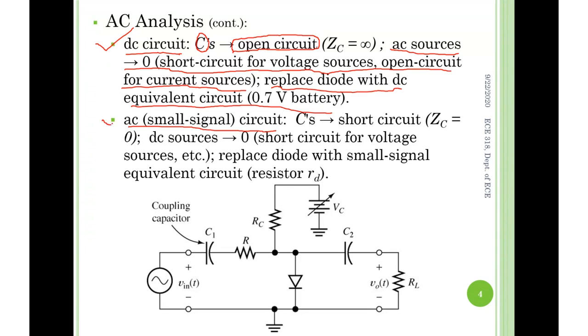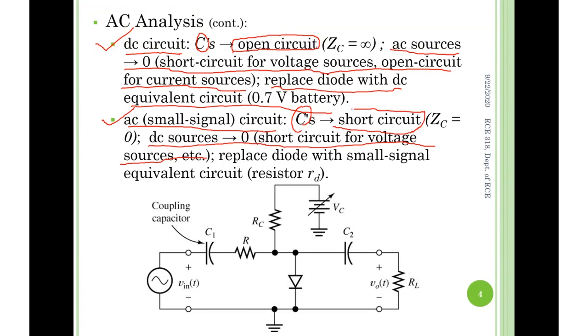And then the AC circuit. How to find the small signal circuit? We know we need to eliminate the DC independent sources, following the same idea. We also might need to take care of the capacitors in AC small signal circuits. Remember, capacitor is considered as what?